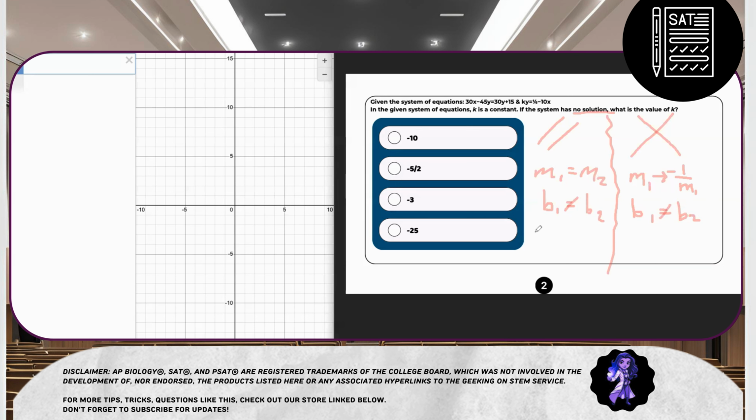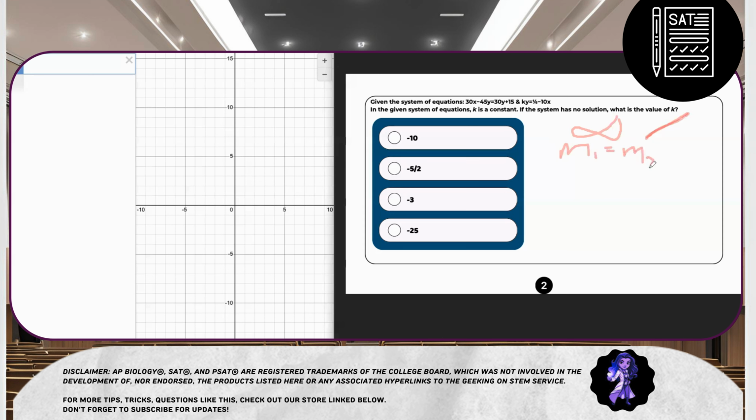Now, our third case scenario is infinitely many solutions. I'm going to clear this out and draw my infinity symbol here, because it means that there are two lines superimposed on one another, so they have exactly the same properties. So M1 is going to be exactly the same as M2.